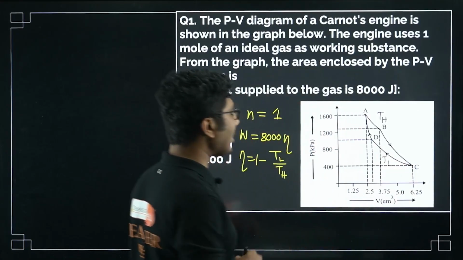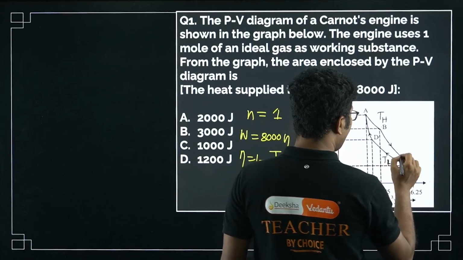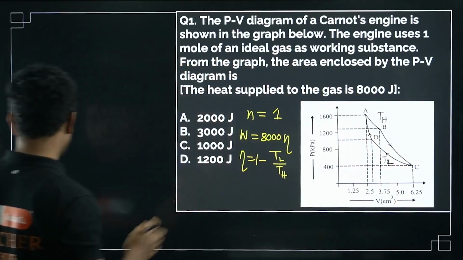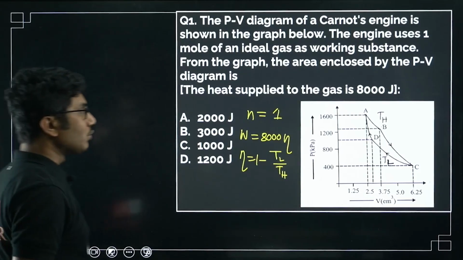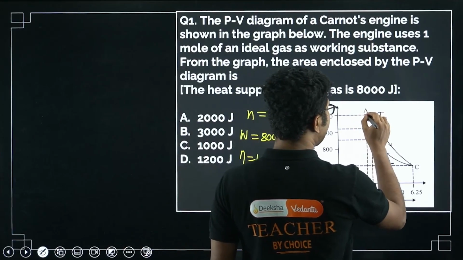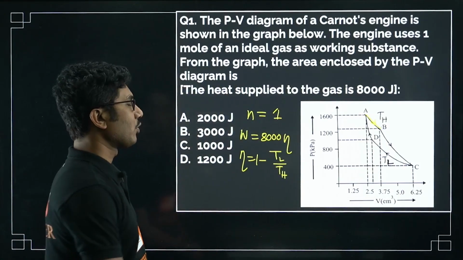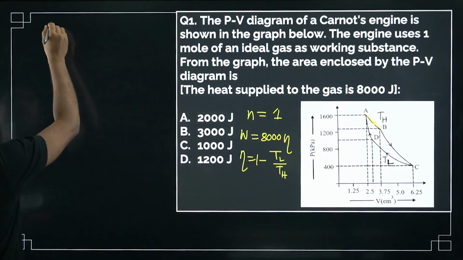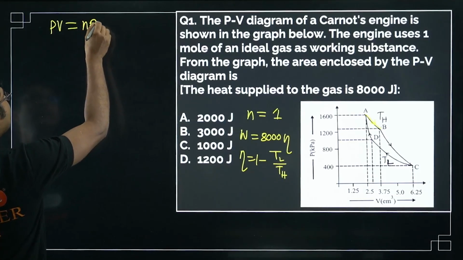Now how can I find this temperature? P1 V1 by T1 is equal to P2 V2 by T2. That formula is not useful here. What we will be using is that this is an adiabatic process, so PV to the gamma must be constant. And also PV equals nRT, right?